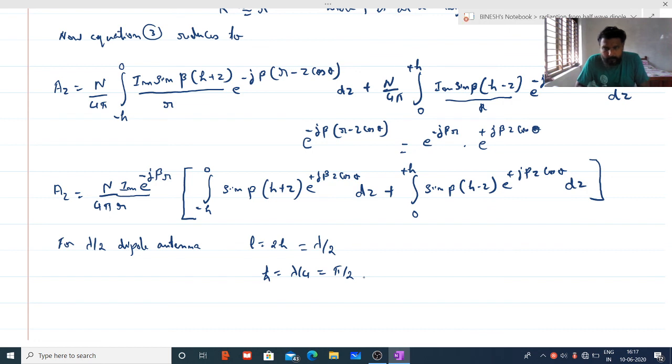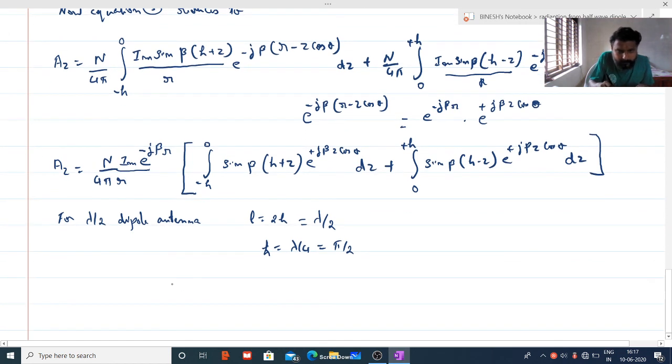So I can write sine beta of (h plus z) equal to sine beta of (h minus z).